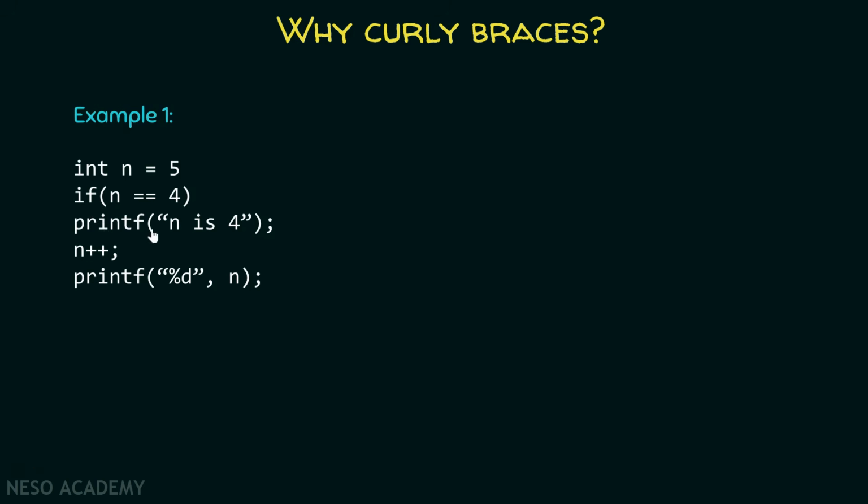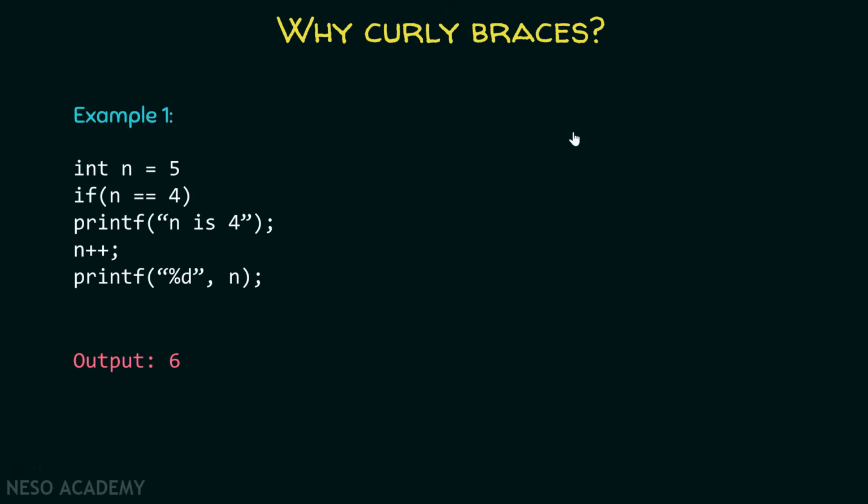So this printf function is part of this if construct only. Now as n is not equals to 4, therefore this printf function will not get evaluated, but n++ will get evaluated. Because n++ is not part of this if construct, right? Therefore, the value of n is incremented to 6 and after that the value will get printed. So the output is 6, right?